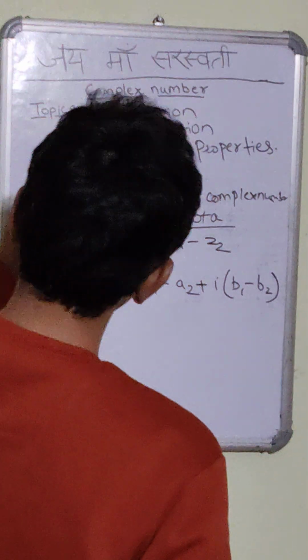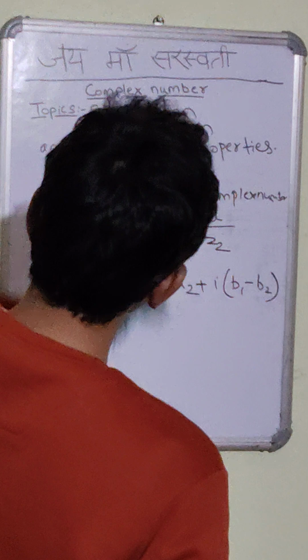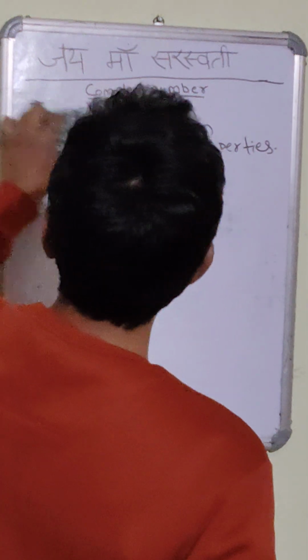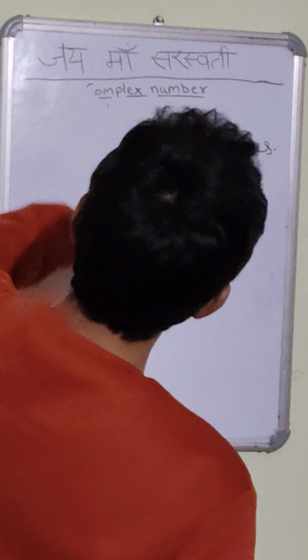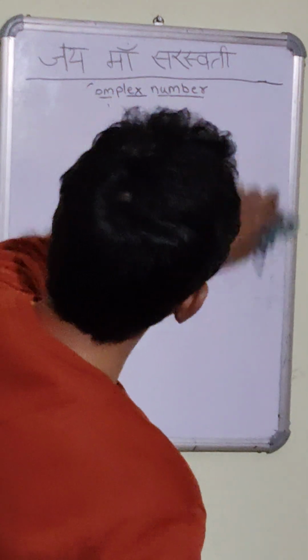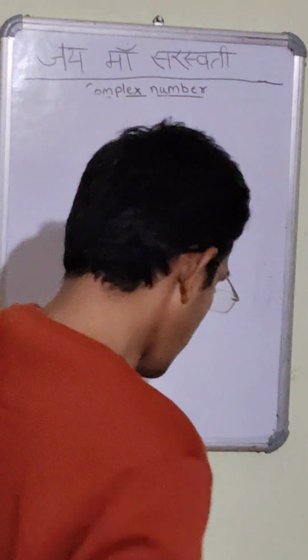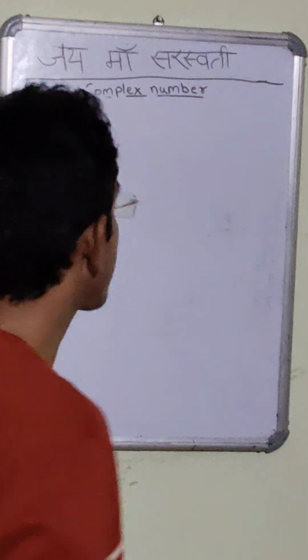So we have seen the subtraction part. We will be moving to the multiplication part now. In all these cases, we used the basic principles of mathematics that we had already studied in our lower classes.